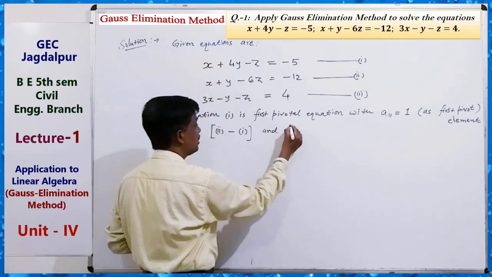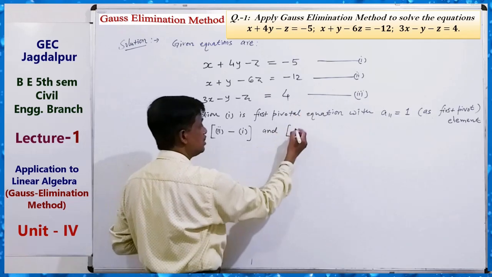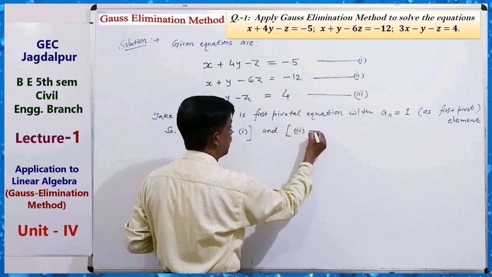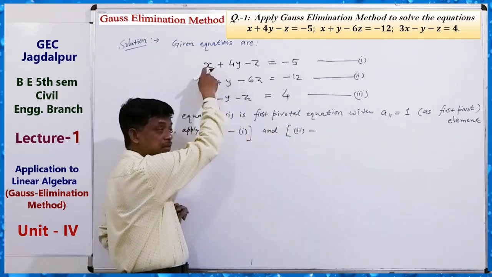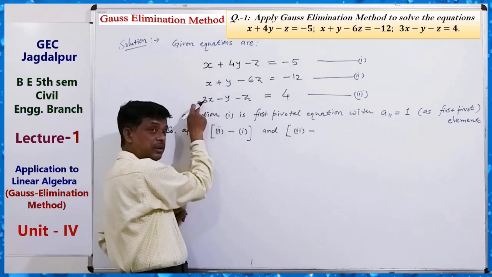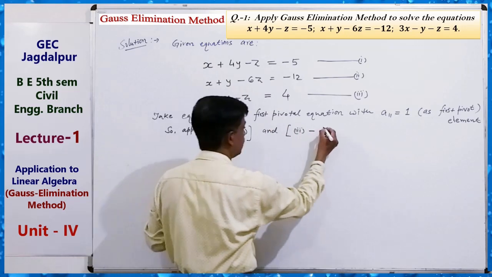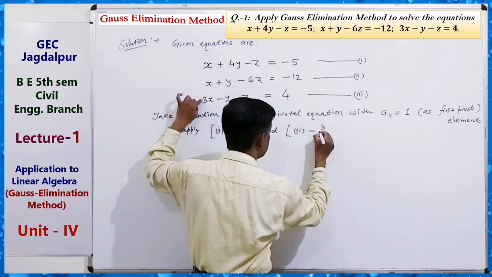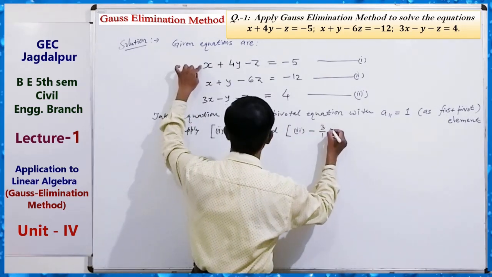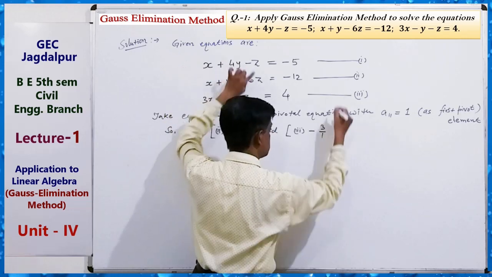So here we can write third equation minus a31 upon a11 into the first equation. A31 means 3 upon a11 into the first equation.